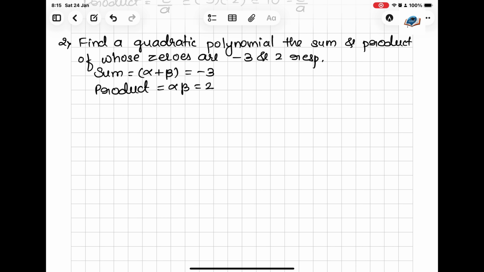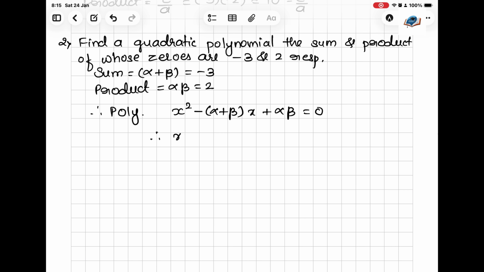So, therefore, the polynomial will be x square minus (alpha plus beta) x plus alpha beta equal to 0. So therefore x square plus 3x plus 2 equal to 0 is the required equation.